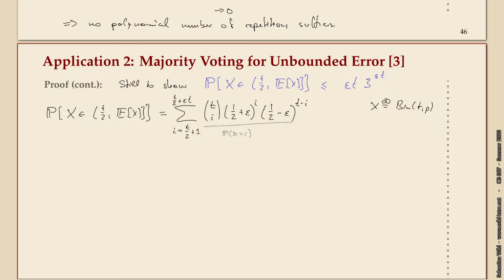And so we're going to bound this a bit. And it turns out you can be relatively generous in how you bound it and still get this upper bound.